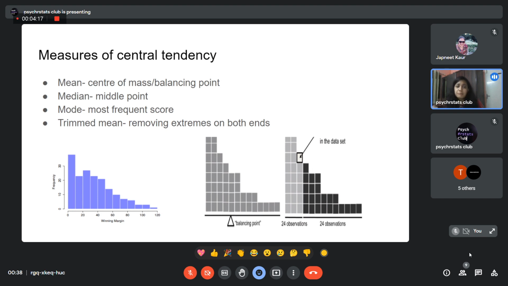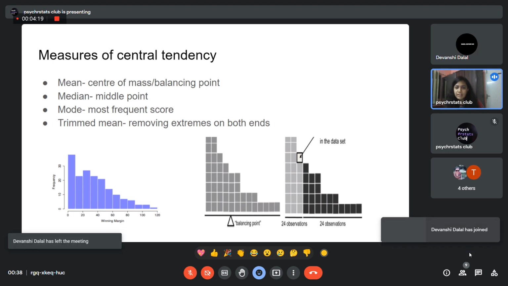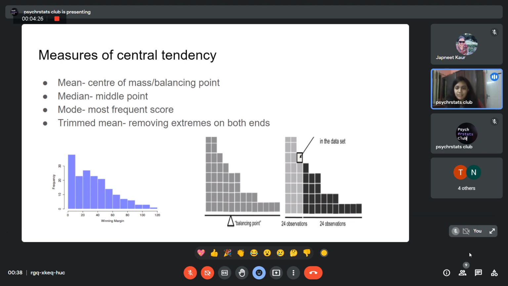I didn't put the formula here because we have seen it, and formulas are not very pretty to look at, and people often get intimidated by different formulas. So just to get a more intuitive understanding of mean and median, I have put these graphs. If you consider this a seesaw, the mean would be here.